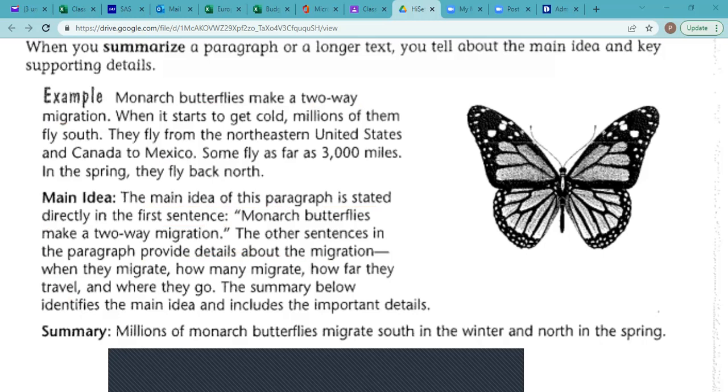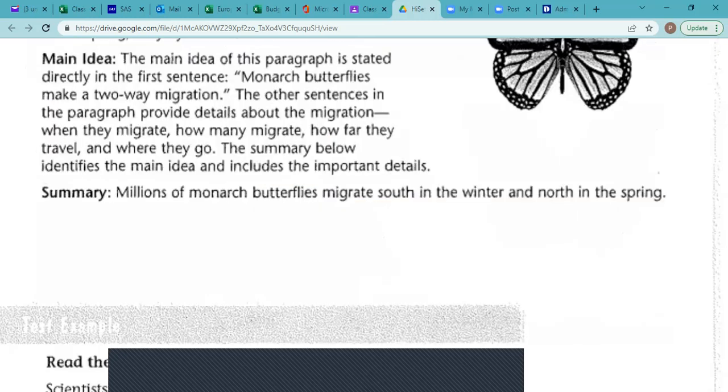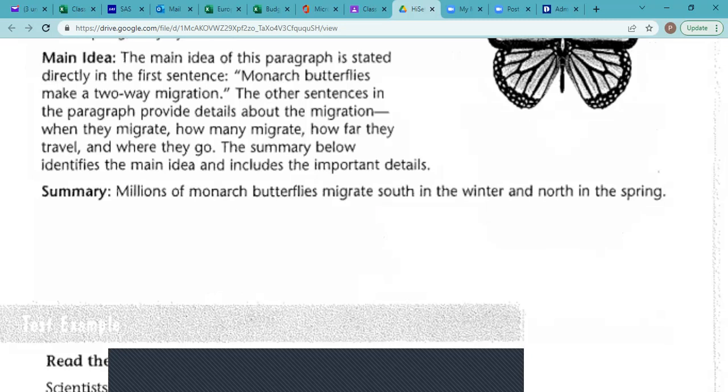A summary is one really good sentence restating the main idea in your own words, but it can be a little longer. So here's the good summary for here. Millions of monarch butterflies migrate south in the winter and north in the spring. So they put that in their very own words, and it basically wraps up what that paragraph is talking about.